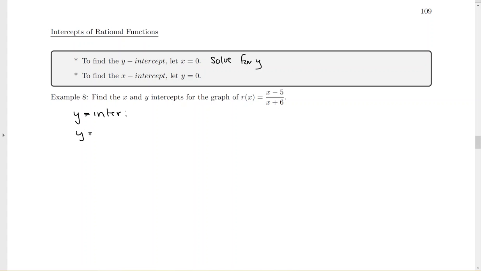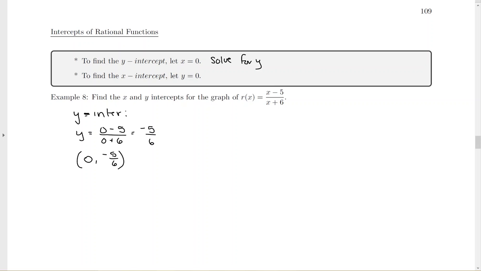So y equals, plug in zeros for x's. End up with negative 5/6. So you could write it as just y-intercept equals negative 5/6, or you could write it as the point: when x is 0, y is negative 5 over 6.